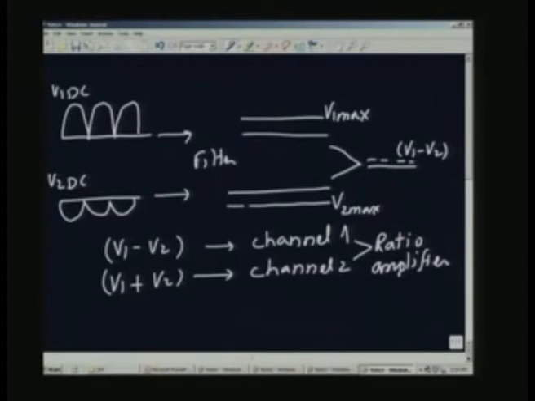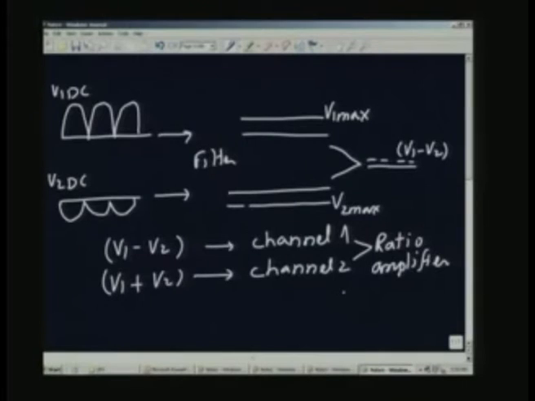These two AC voltages are demodulated to get two DC voltage outputs. They are filtered to get only the mean values, and these mean values are subtracted in one channel, added in the second channel, and the ratio is taken, and the ratio is now independent of the variations in the input voltage. That is the basic reason why we want to do this. This is going to give you a signal which is going to vary with the delta P.